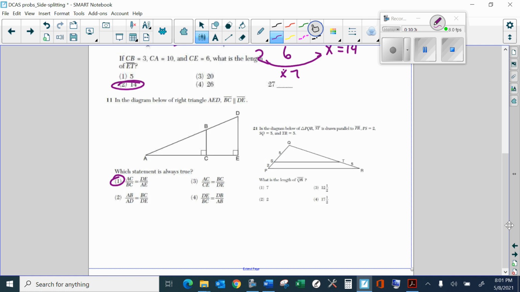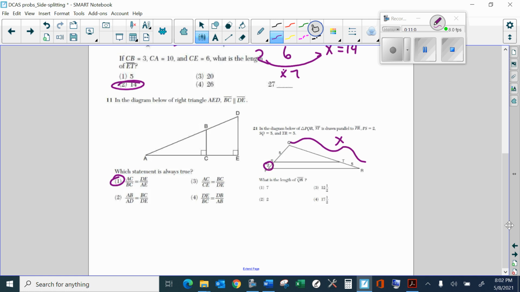All right. ST is parallel, so we've got side splitting theorem again, because these are not both the same. So it's side splitting, not mid segment. PS is 2. We have that SQ is 5, TR is 5. What's the length of QR? QR, the whole length.